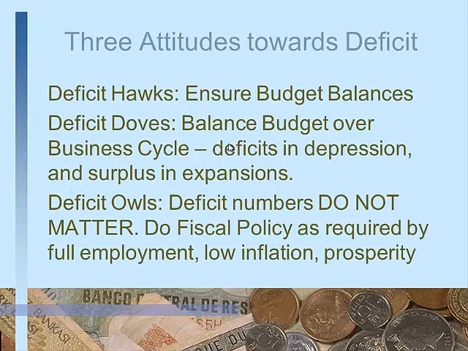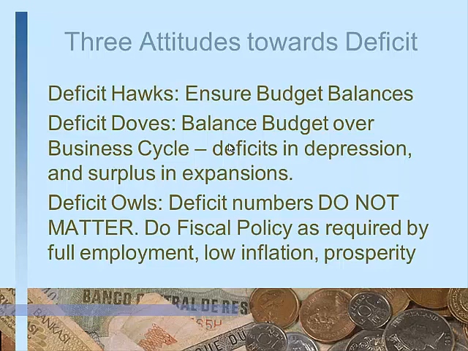So there are three attitudes towards the deficit. The deficit hawk says that you must ensure the budget balances every year. The doves say that make sure that it balances over the cycle, but at any one point you can run a deficit, but only if later you will try to run a surplus to create balance.